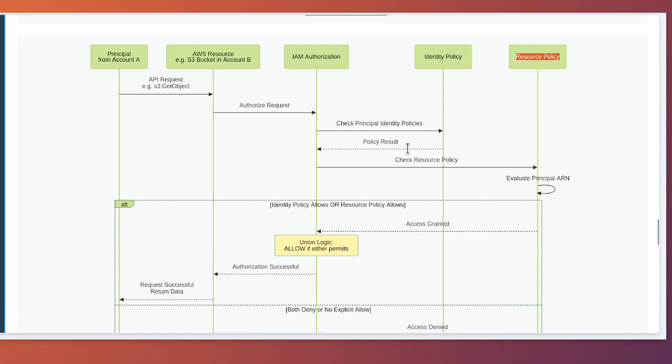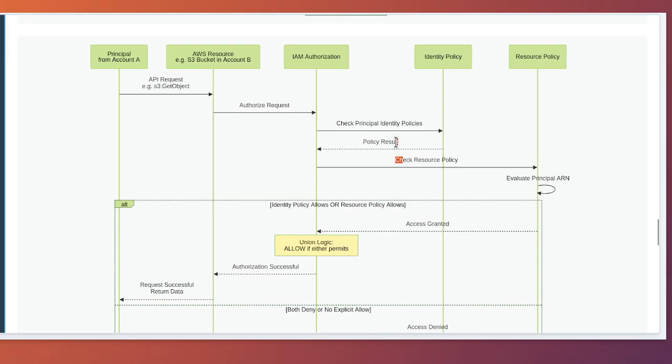The sequence begins with principal sending an API request to the resource, for example, S3:get object to retrieve an object. The resource forwards this to IAM authorization labeled authorize request. IAM authorization first checks the principal's own policies by sending check principal identity policies to identity policy.